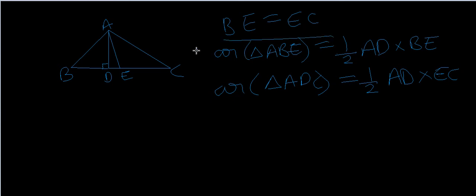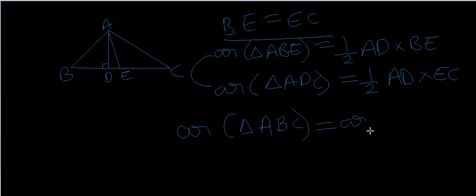Now here BE is equal to EC. If BE is equal to EC and AD is the common height, then these areas are equal. That means area of triangle ABE is equal to area of the triangle AEC. Hence it has been proved that a median divides the triangle into two smaller triangles having the equal areas.